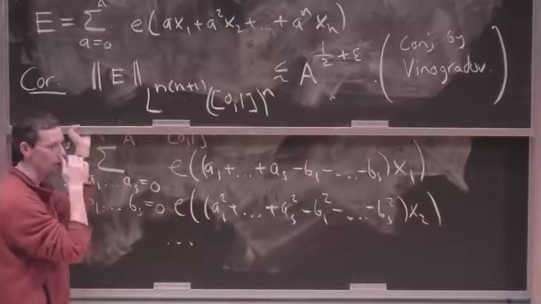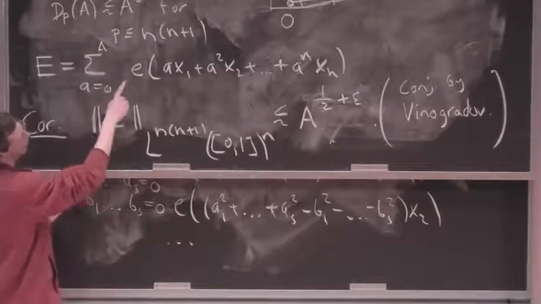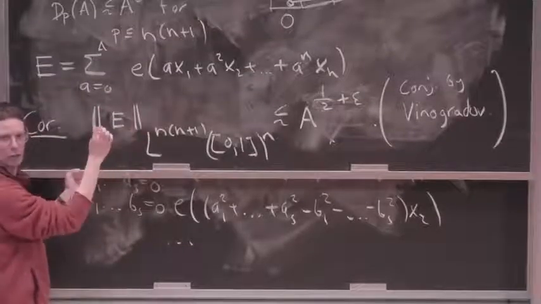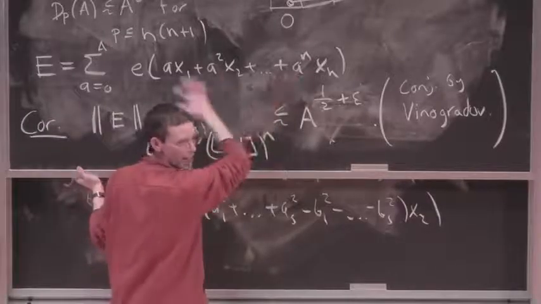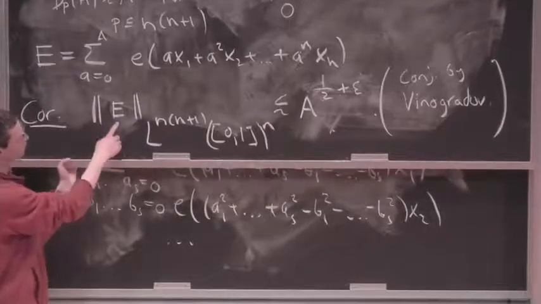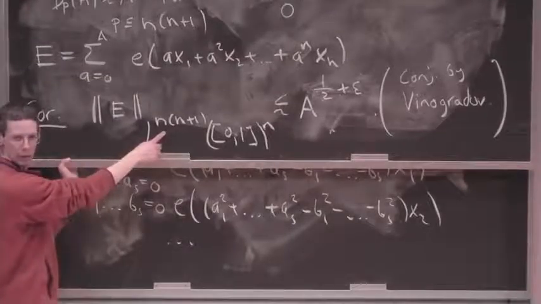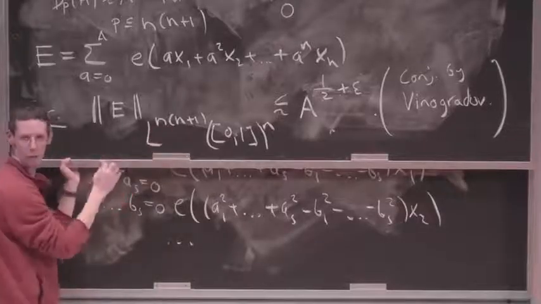Let me see if I'm answering your question. At the origin, this thing has size A, and there's a little region around the origin where it has size A, where the phase hasn't changed very much, and that little region accounts for this norm for all p bigger than or equal to n times n plus 1.